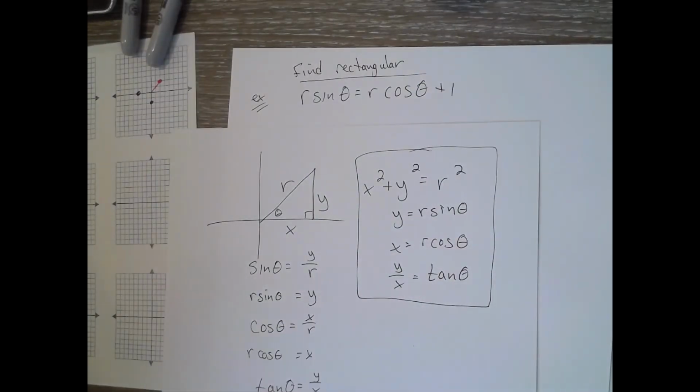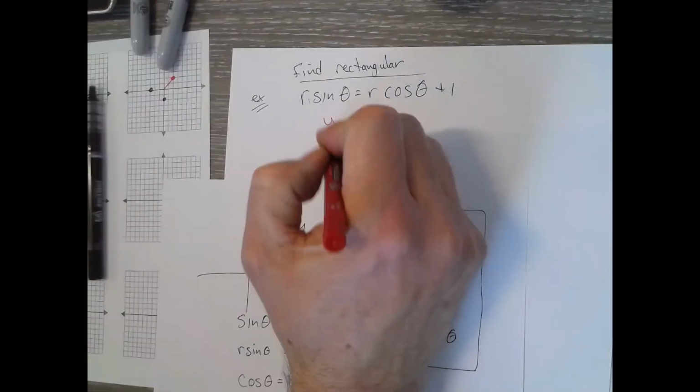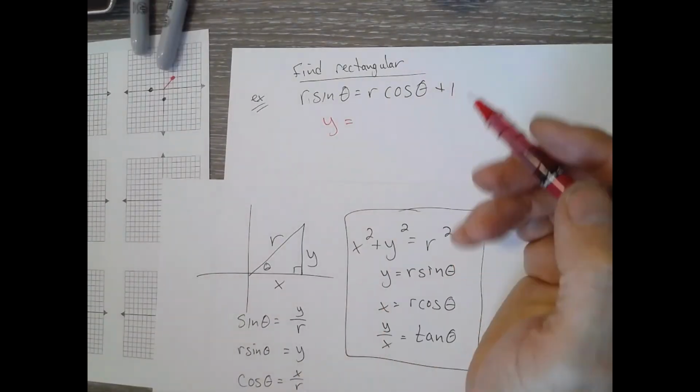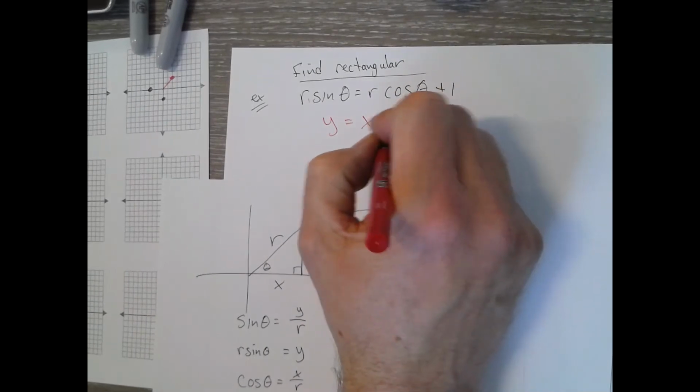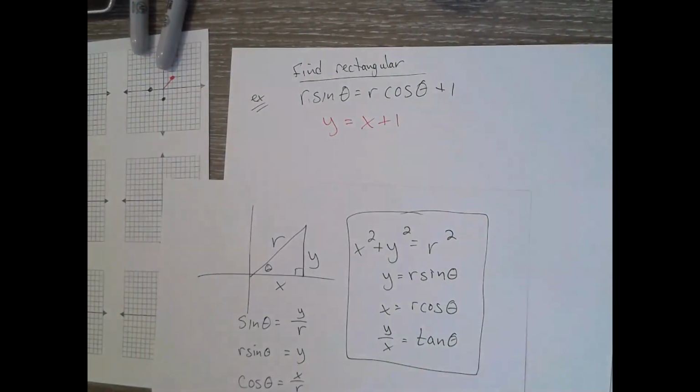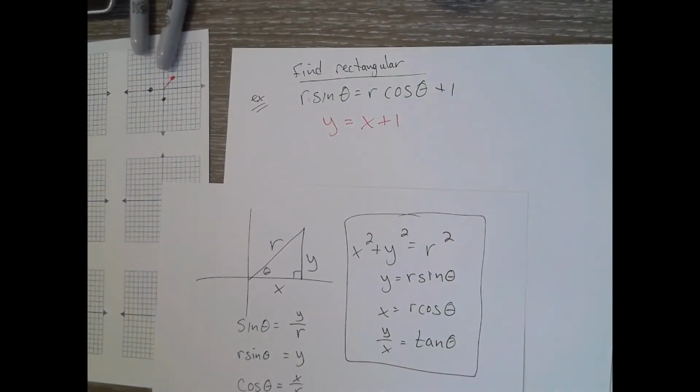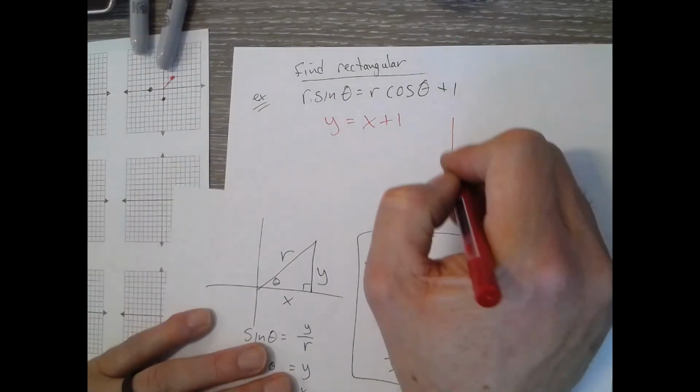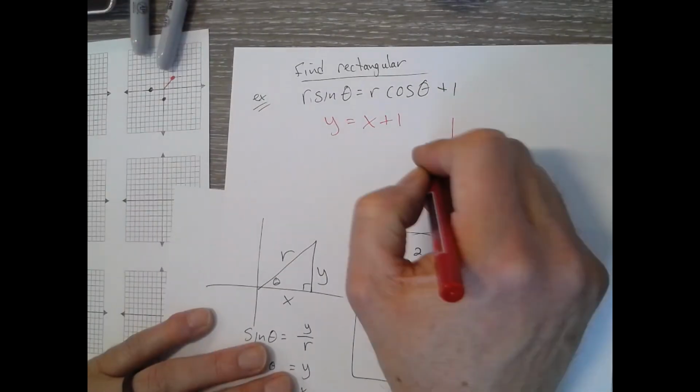All right, so if you see it right away, it's not too bad. What can we do? Anybody? That's y. Good. So we can just say, hey, that's y. And our r cosine theta is x. We get y equals x plus 1. Okay, so it's literally just the line with a slope of 1.